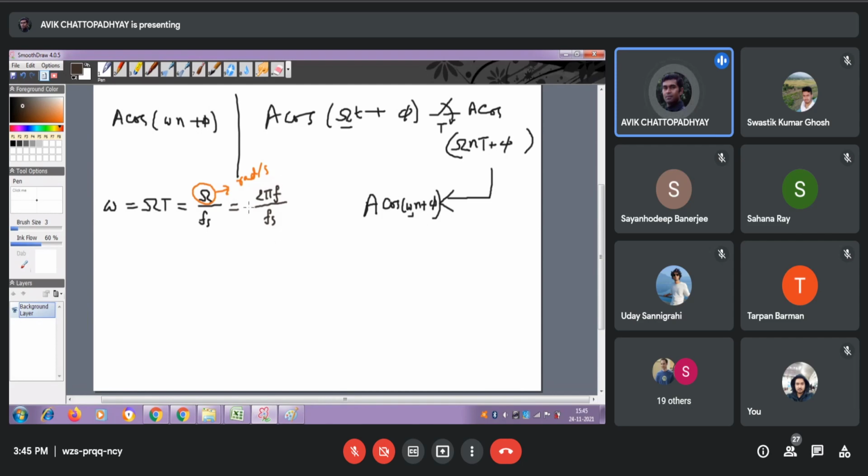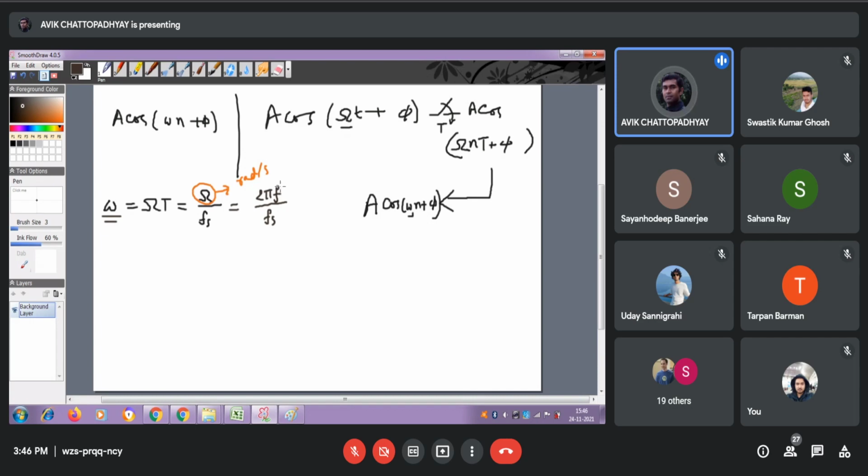Now look at this expression very carefully. This is equal to your digital frequency, small omega. Small omega represents your digital frequency. So small omega is nothing but 2 pi small f divided by small fs. Small fs indicates the sampling frequency, and small f indicates the cycles per second or hertz of your original continuous time domain signal frequency.